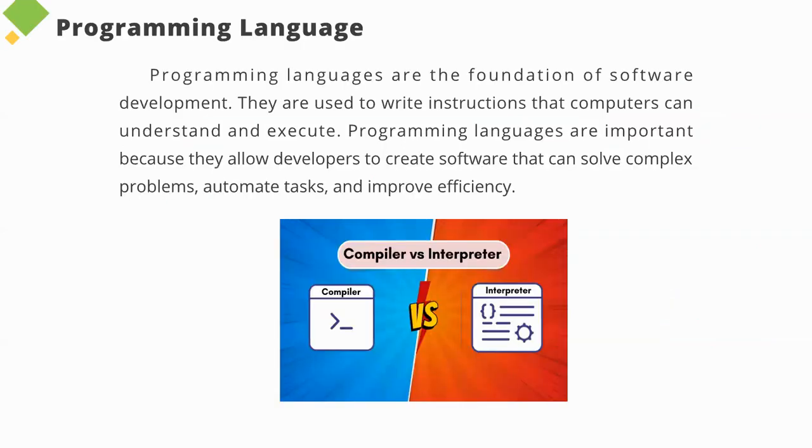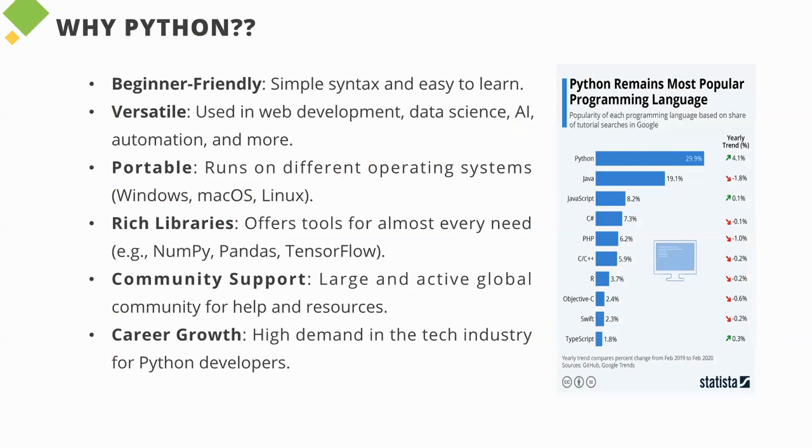As you all know, we have many programming languages. Why do we really need Python? Python is a beginner friendly language. It is very easy to learn as it has very simple syntax, and it is versatile. It is used in game development, web development, data science, AI, automation, and many more.